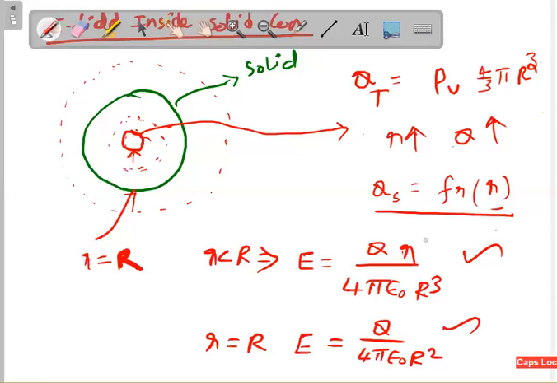Please, you analyze this equation. You are having this equation, you analyze for different values. For r less than R, what will come? For r equal to R, what is coming? For r greater than R, what is coming? Next I have to analyze for r greater than R. Then what will be the electric field nature?